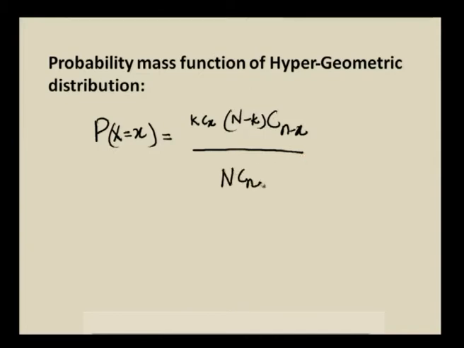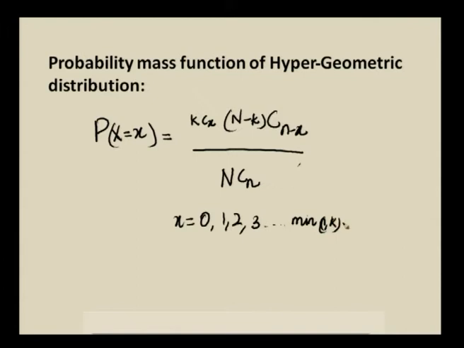It is easy to remember: capital N C n you first write in the denominator, then k C x comes outside and N minus k C n minus x, these being combinations, where x takes the values 0, 1, 2, 3 etc. up to the minimum of n comma k.